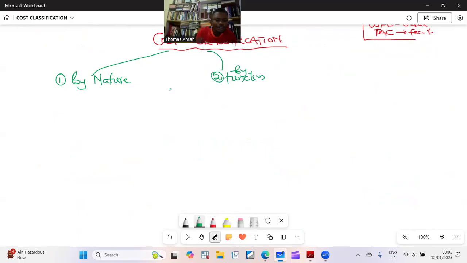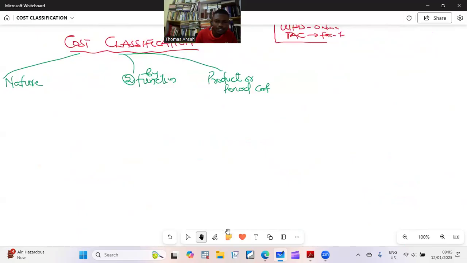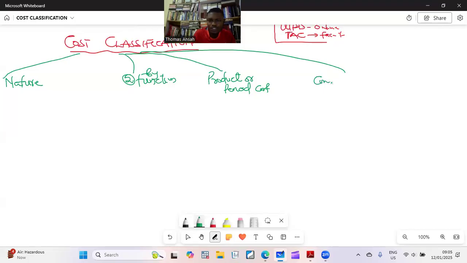Then again, we will classify it as a product or a period cost. Not only that, we will also classify costs as to whether they are controllable or non-controllable. So in terms of controllability, whether it is controllable or uncontrollable.